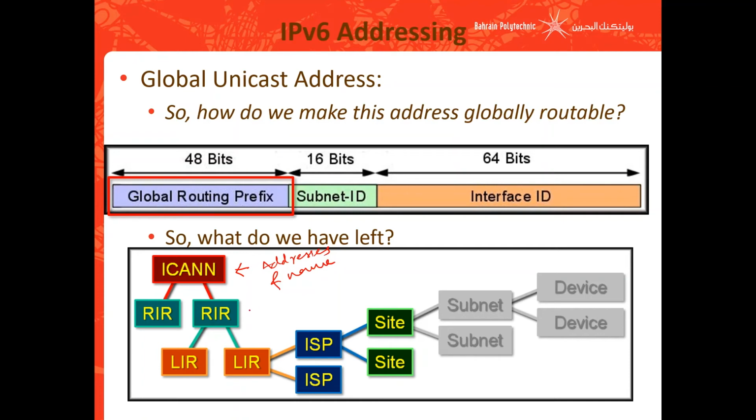Then comes the RIR, which is Region Internet Registry. Okay. Then there is LIR, ISP, site, subnet, device. I'll start with explaining these two first, and then we'll move to the next.